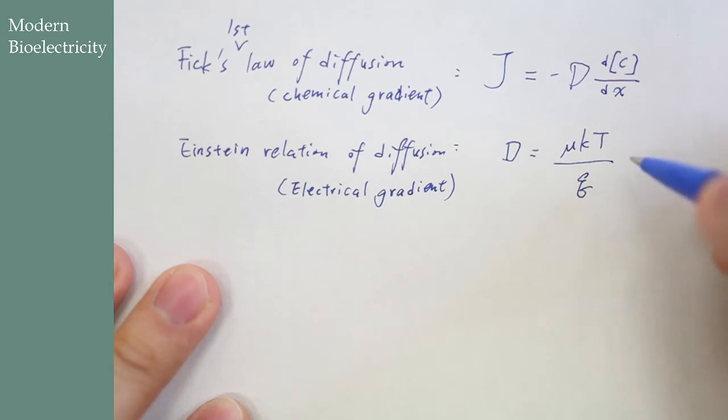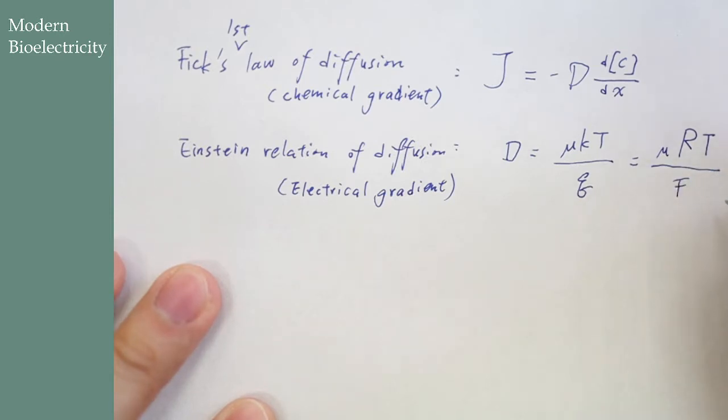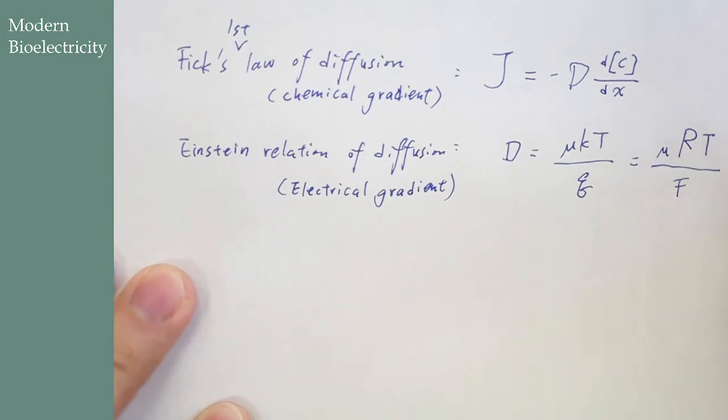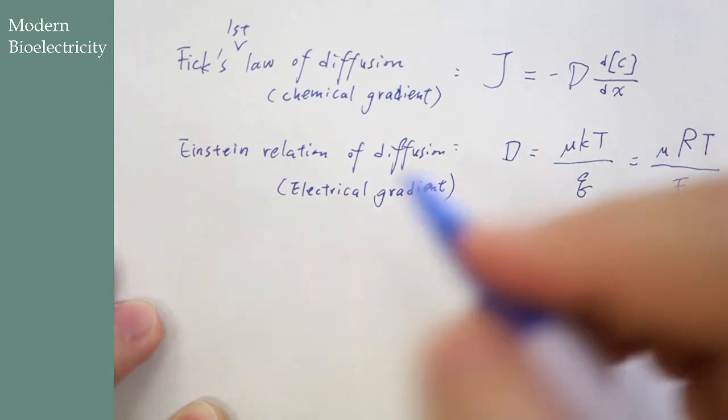We can change that to moles of the molecule, so it is mu times the gas constant R times the temperature T divided by the Faraday constant. The Faraday constant is the charge of a mole of electrons. So this is one single ion, and this is a mole of the ion, right? So we change that to the Faraday constant here, for easier calculation.